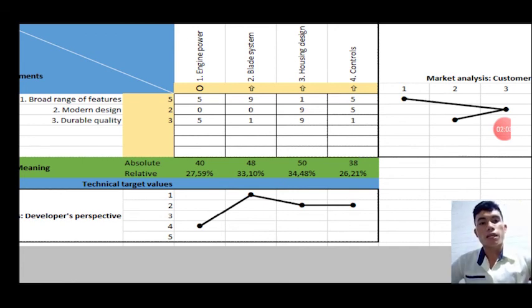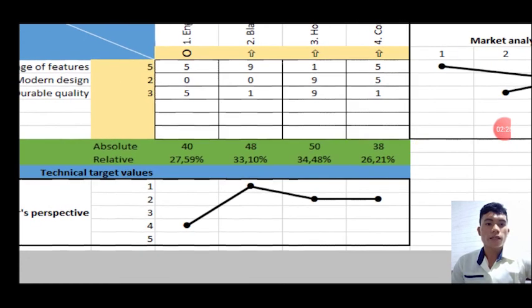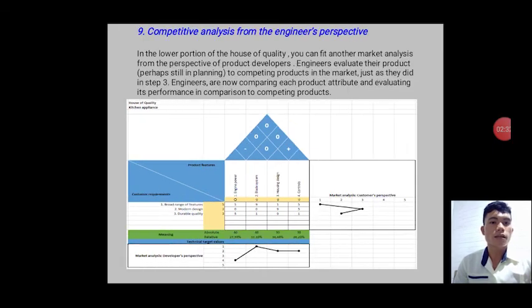So from engine power, we have 27.59, 33.10% from blade system, and from housing design is 34.48, 26.21 from controls. From this percentage, you can determine the importance of each appliance.